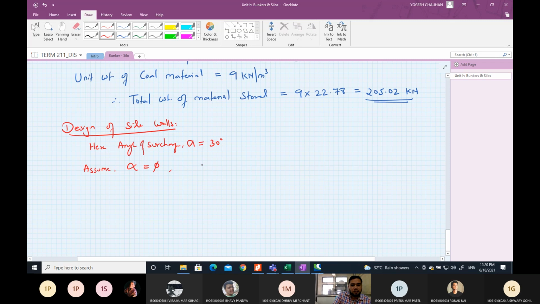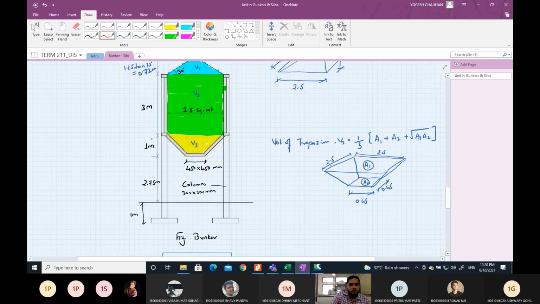So your pressure intensity, or the horizontal pressure intensity pH, will be equal to W H cos square phi, or cos square alpha. So that will be W, W is 9, and your H is 3 meter. This is H.